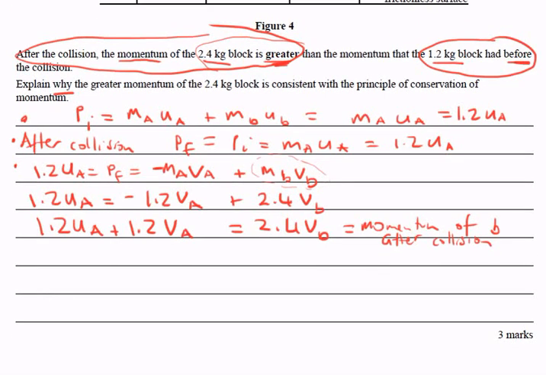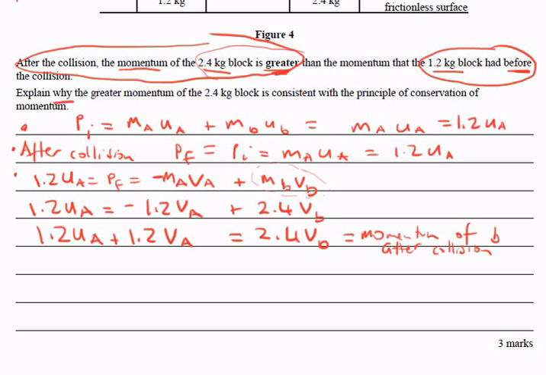It certainly is a bit of a difficult question, but let's show why this is the case. So momentum of B final is greater than momentum of A initial, because here's momentum of B final, which is equal to 1.2 uA plus 1.2 vA, which is greater than, and what's the momentum of A initial?